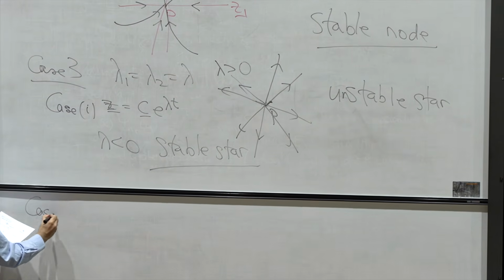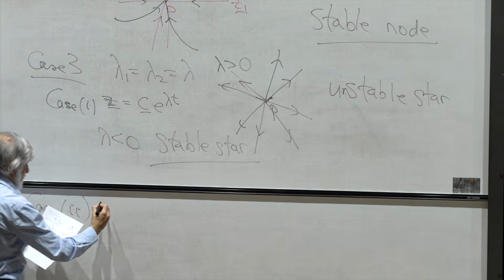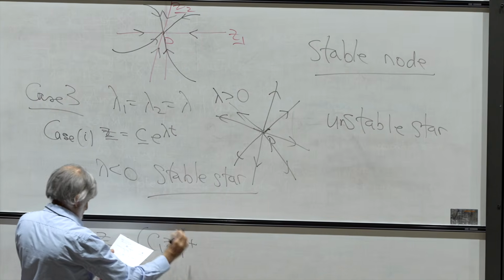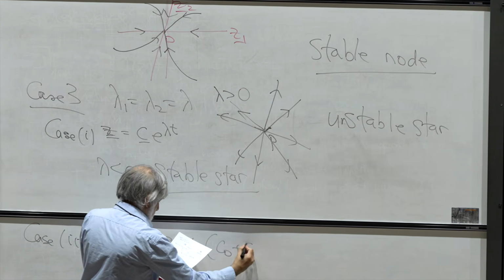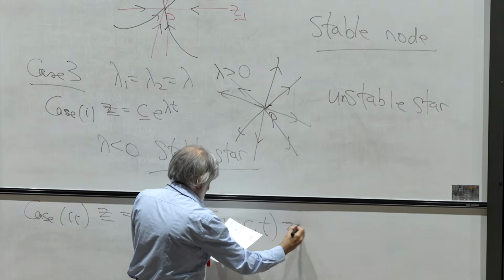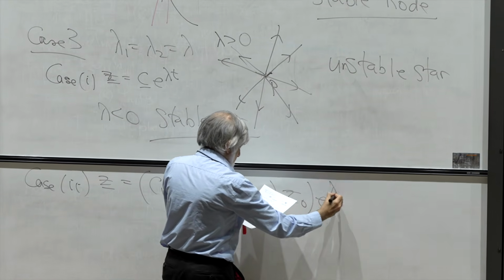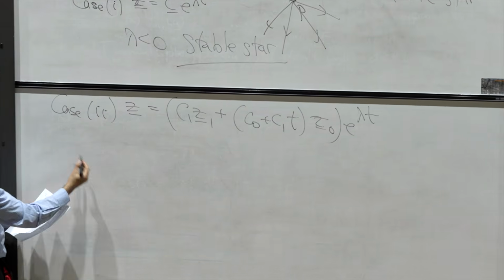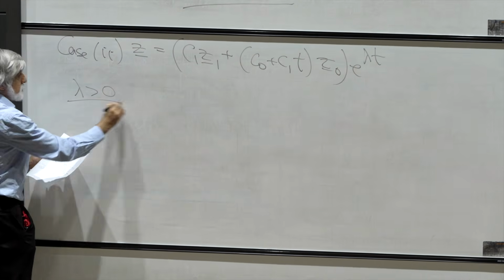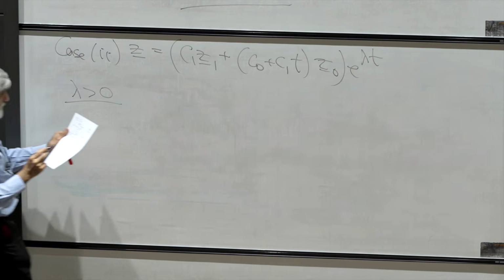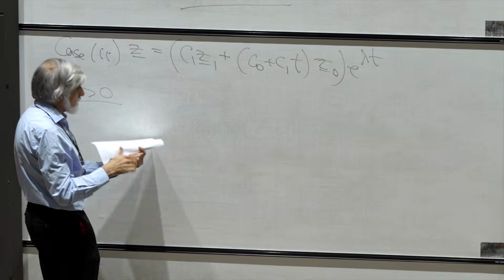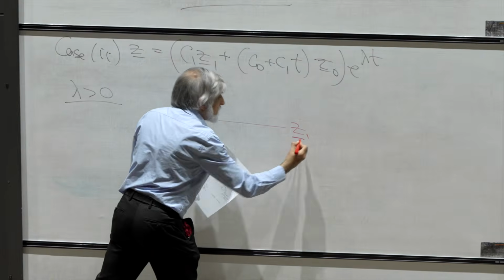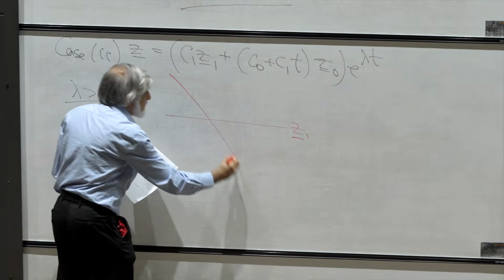What about case 2, where Z is equal to C1 Z1 plus C0 plus C1t Z0 e to the lambda t. Okay, so lambda bigger than 0. What's going to happen? So again, if we use different colors, call this Z1 and this one Z0.